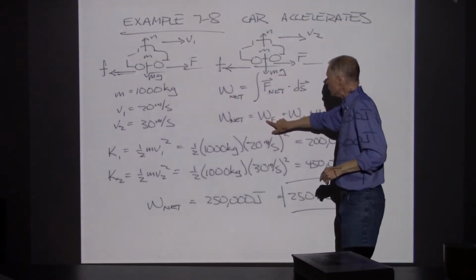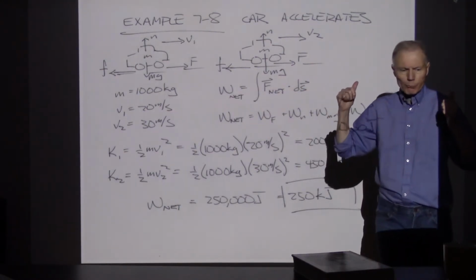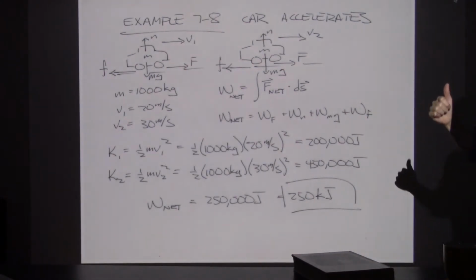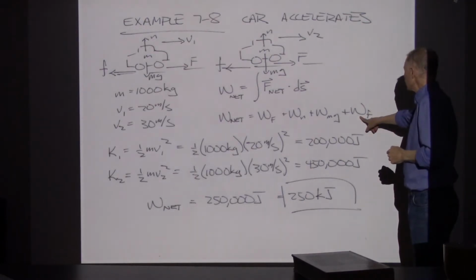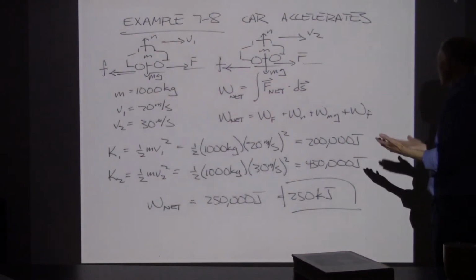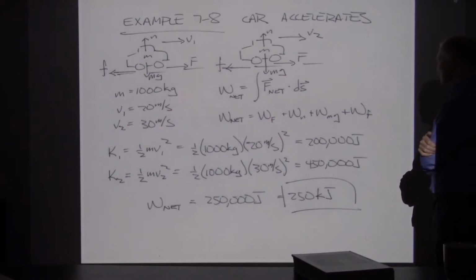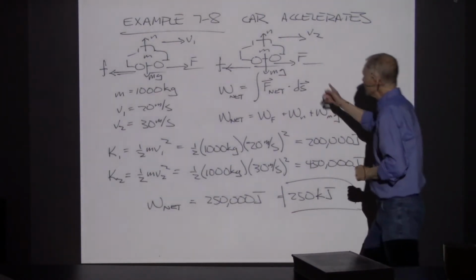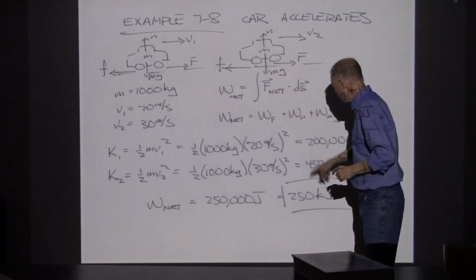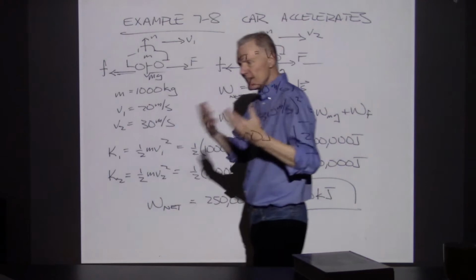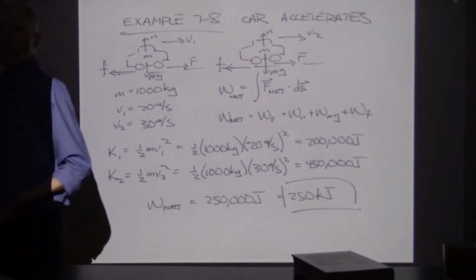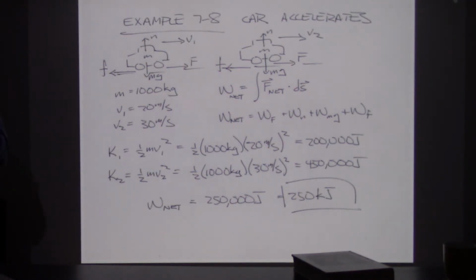It's going to come down to the forward force driving the car forward minus, that's going to be a negative value, we're going to have to subtract off a certain amount of energy that friction is taking out of the system. In any case, when we calculate all of these together, what we know from the numbers given is that the net work is the 250,000 joules. That's why the car is speeding up.